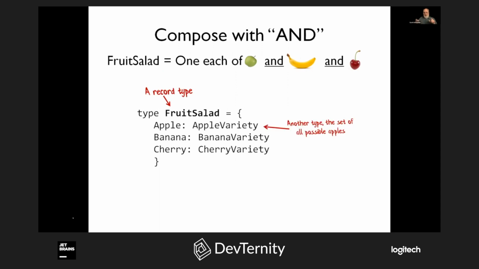And the type is the second part. So what kind of apple is it? Well, it's one of the apple varieties, you know, a Golden Delicious or a Granny Smith or whatever, right? So that's how you do an and in F#. Now, every programming language has things like this, whether you call them structs, records, even tuples. It's all different ways of having and. So this is not unusual at all.